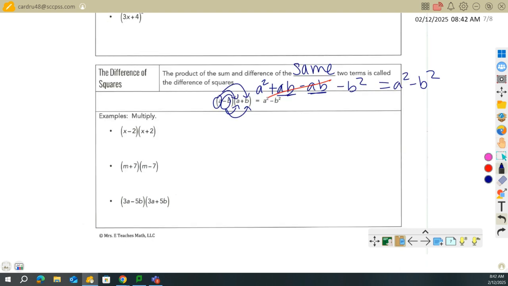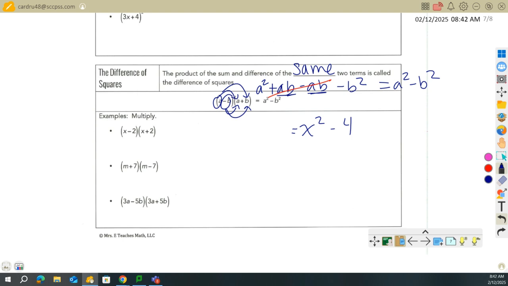So for example, we have x minus 2 times x plus 2. FOILing that out, we know at the end I'm going to get x squared minus 4, because that's my a squared and my b squared.